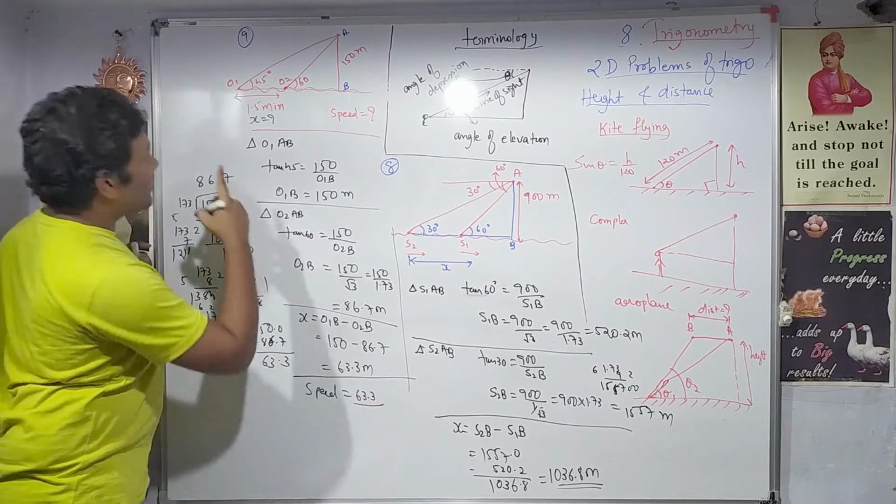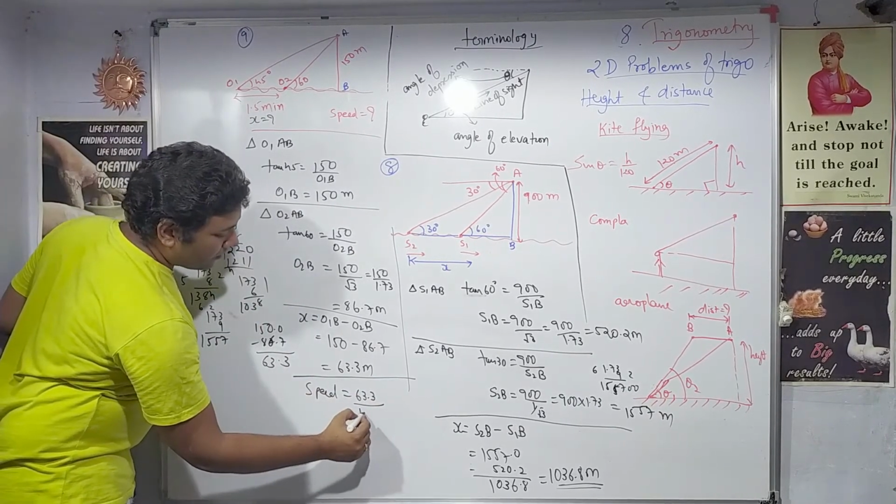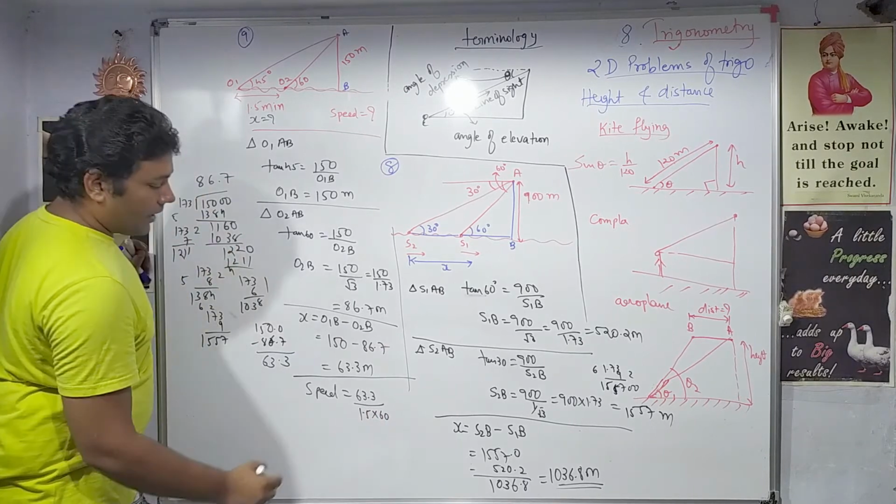Right, now find out the speed: distance over time. Time is in minutes, so convert it into seconds, 60, right?